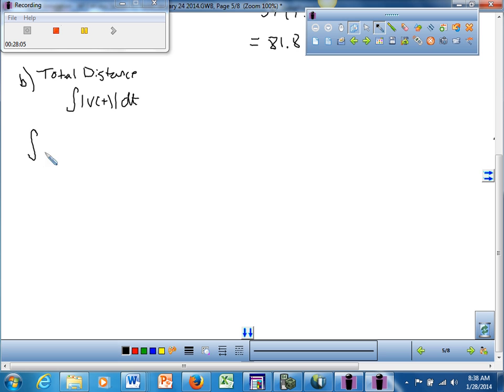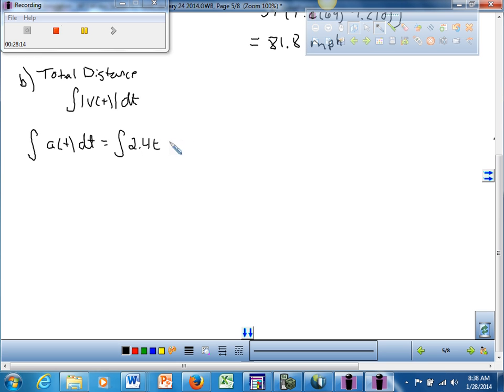All right, how do we do that? Integral of a of t dt. So that's going to be the integral of 2.4t, 1.2t squared plus c. But I need to solve for my c. So v of t equals 1.2t squared plus c.